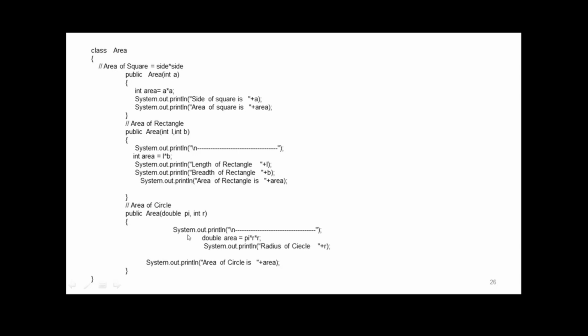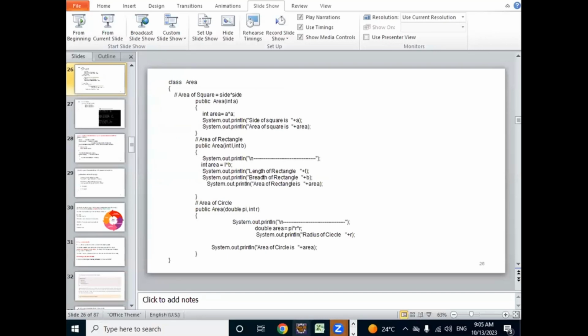In the third constructor, guys, you are getting confused here. The second constructor has 2 parameters, the third also has 2 parameters, right? Tell me yes or no. But both are of different types.